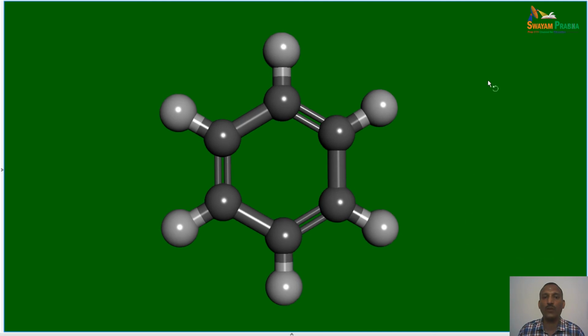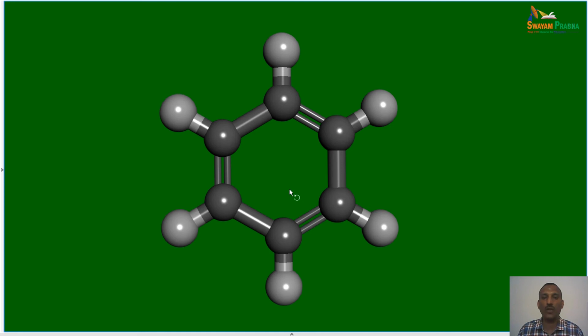So we can say 360 divided by 60 equals 6 times, so the same representation comes up 6 times. So this molecule has a C6 axis of symmetry. That is how we can say benzene has a C6 axis of symmetry.